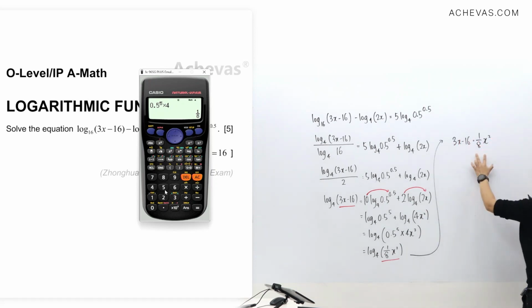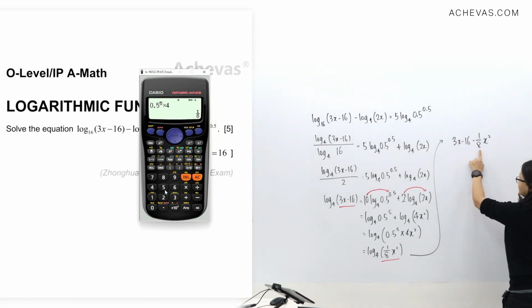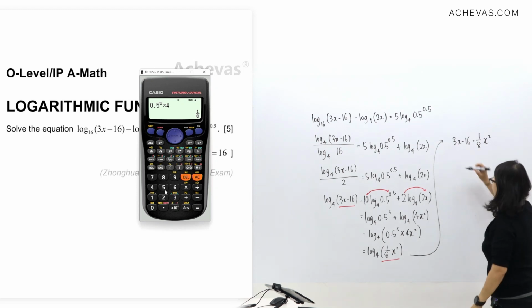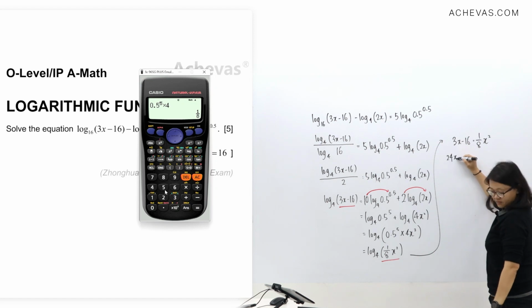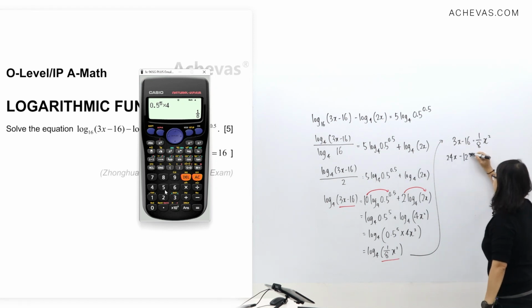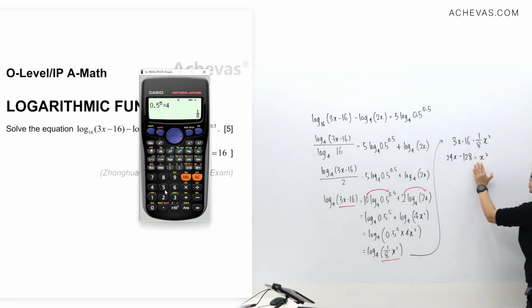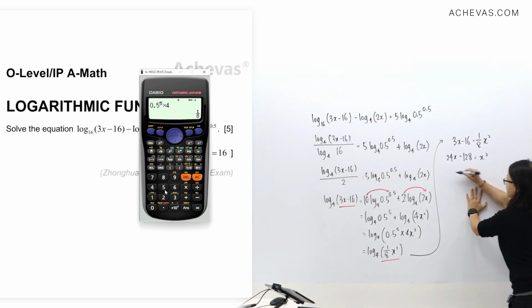Let's continue this one here. I'm going to multiply 8 to this 2 on the left-hand side. So I'll get 24x minus 128 equals x squared. I do not like fractions. Let's do it with integers. So now x squared is a quadratic equation. We're going to shift everything to one side.